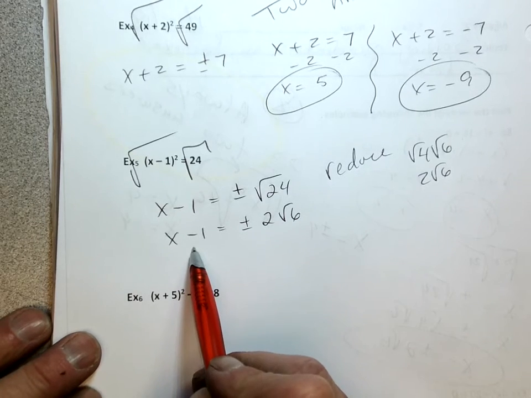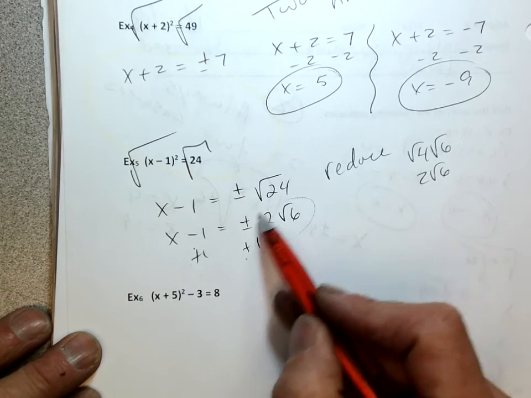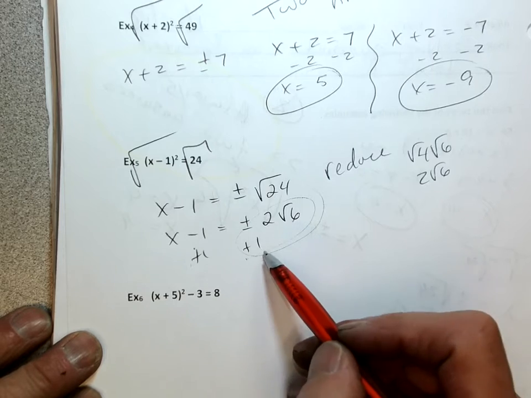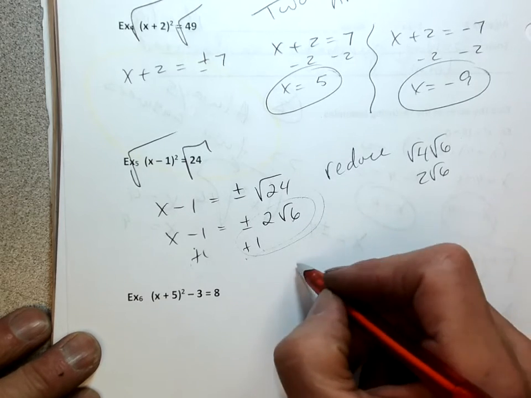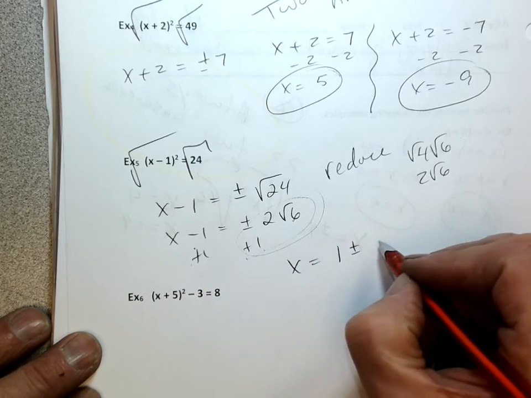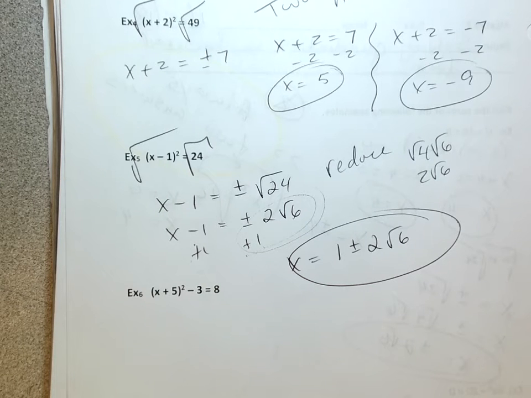Now, when I add the 1, plus 1, plus 1, can't really add these numbers. This is an irrational number. This is a whole number. You can't really add them. So our answer is actually pretty simple. It's going to be just 1, because I added the 1, plus or minus 2 square roots of 6. And that is 2 answers.